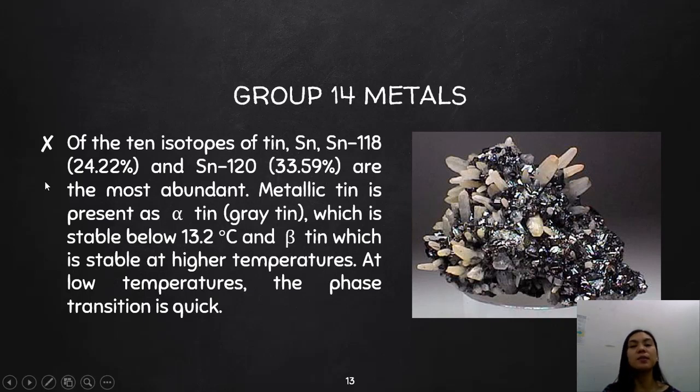They're the most abundant among the 10 isotopes of tin that you can find on Earth. Metallic tin is present as your alpha tin or gray tin, which is stable below 13.2 degrees Celsius, and your beta tin, which is stable at higher temperature. At low temperature, the phase transition is quick. So this is actually an example of your tin in its raw form.